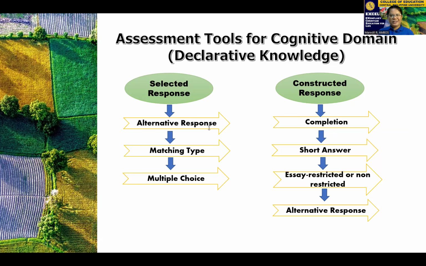In the constructed response, you construct, you are doing it. So you have completion, where you write the answer, and you have the short answer, the essay, restricted or non-restricted.